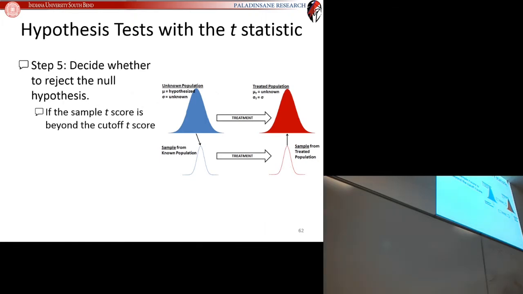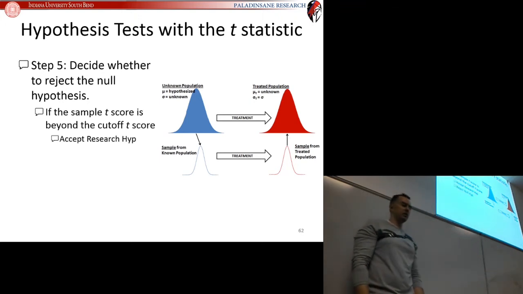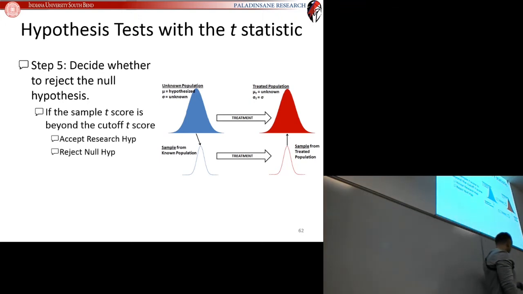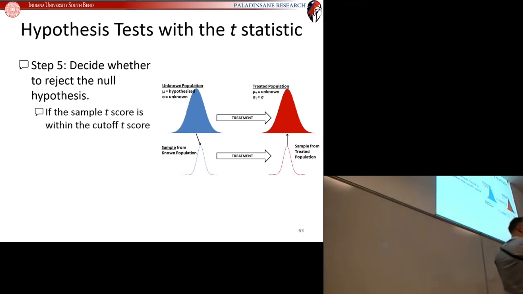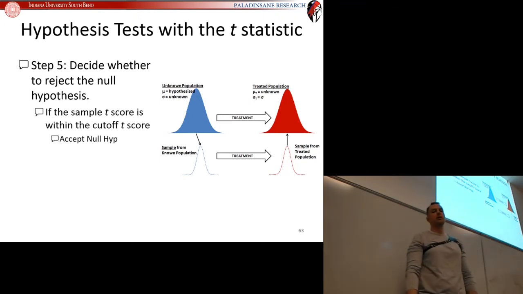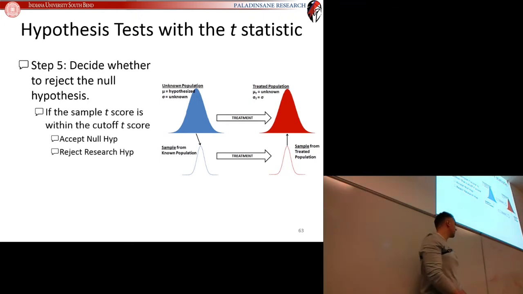If the sample t-score is beyond the cutoff t-score, we accept the research hypothesis and we reject the null hypothesis. Yes, our t-statistic put our mean beyond the cutoff score. So this is what we're going to do. We're going to accept the research hypothesis. On the other hand, if the sample t-score was within the cutoff t-score, then we would accept the null hypothesis and reject the research hypothesis.